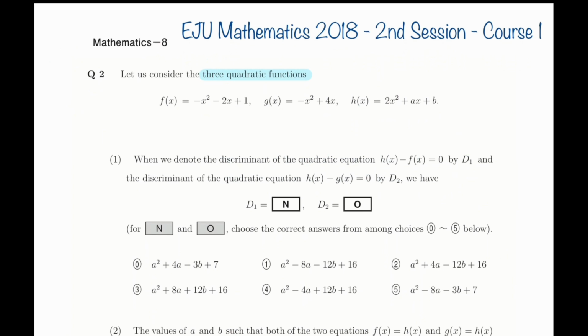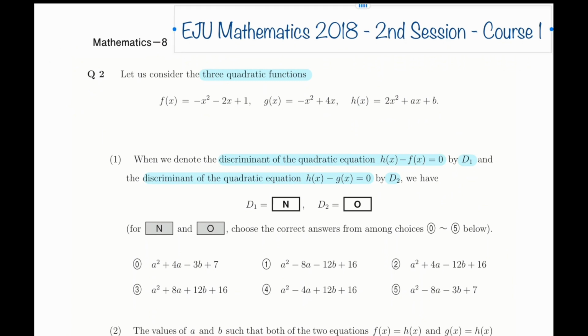When we denote the discriminant of the quadratic equation h minus f equals 0 by d1, and the discriminant of the quadratic equation h minus g equals 0 by d2, we have d1 equals blah blah blah and d2 equals blah blah blah. So basically, I want to find the discriminant of h minus f equals 0 and h minus g equals 0.